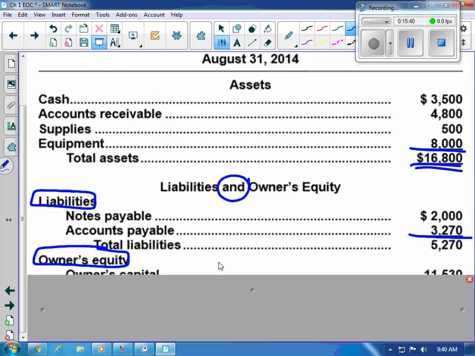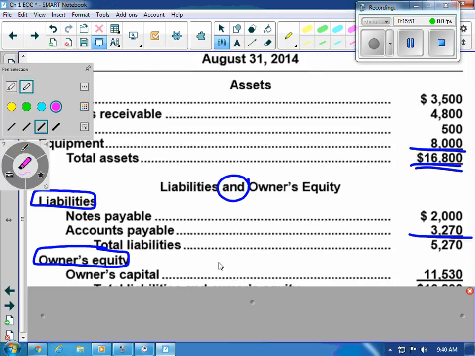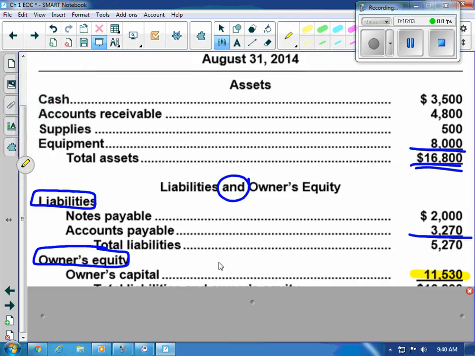You will only have one thing that shows up underneath there. It's called owner's capital. And that was the forced math from that other page. $11,530 is what we generated from that other financial statement, because it's basically the owner's equity story of how it's changed over the course of the fiscal period.